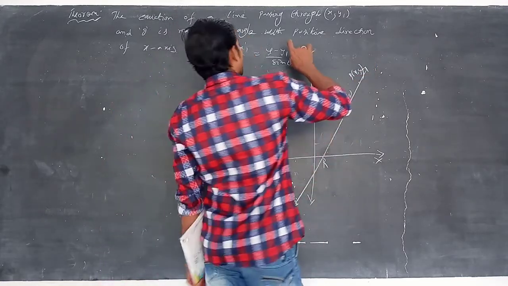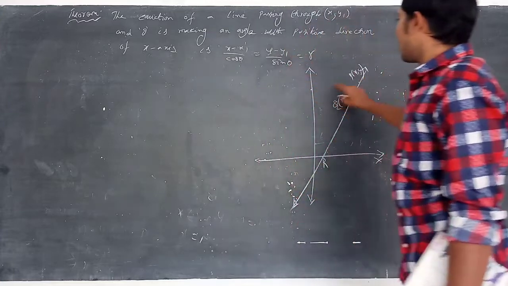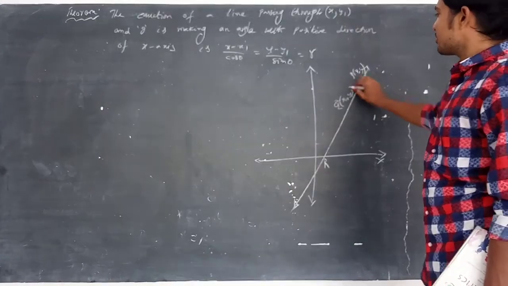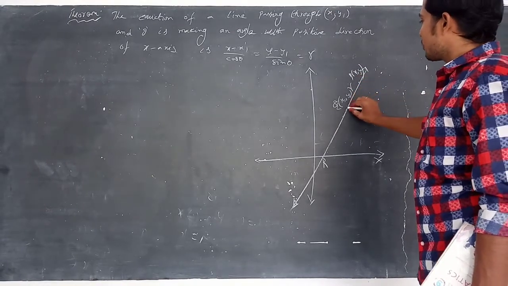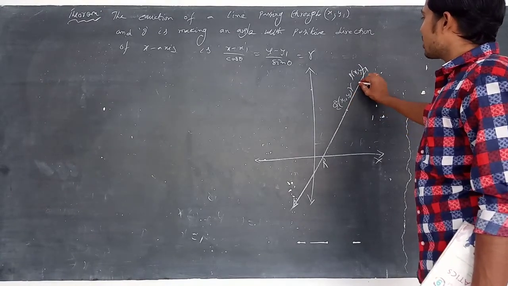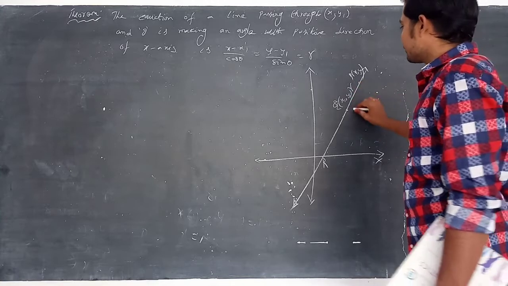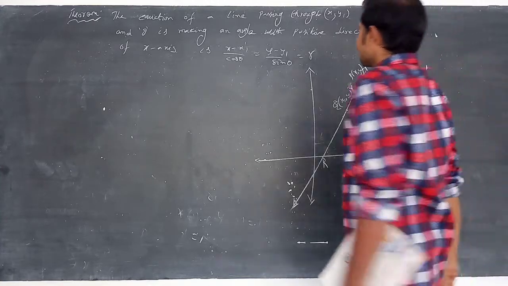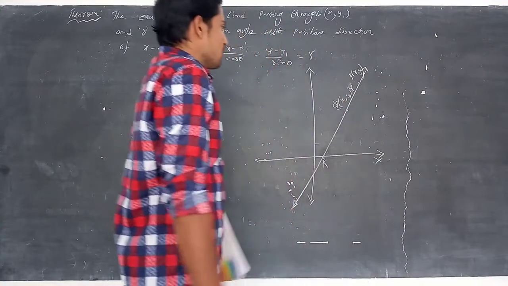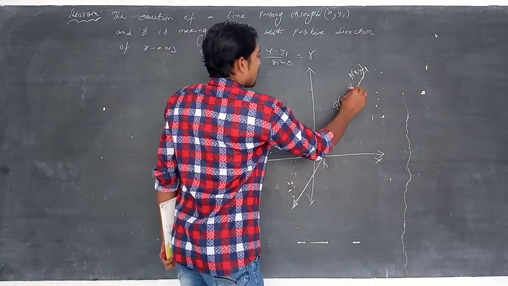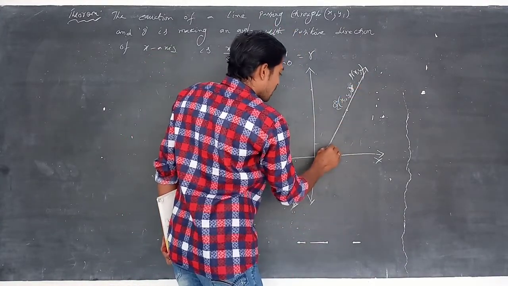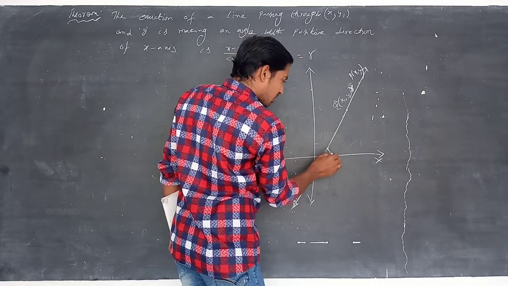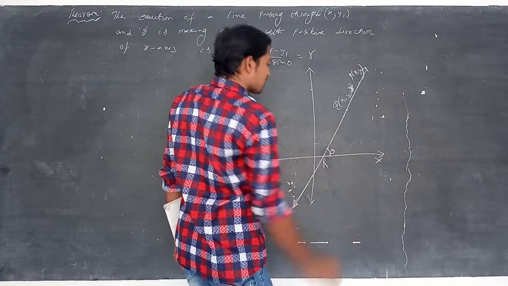What is r here? R is the direct distance, the distance between P and Q. The distance from Q to P is r, the direct distance, and the line makes an angle theta with the positive direction of x-axis.